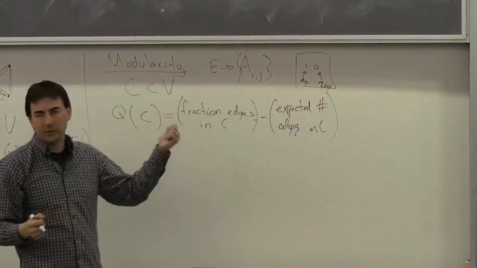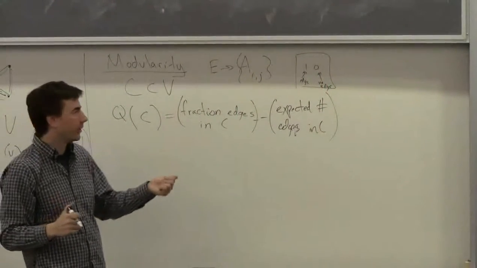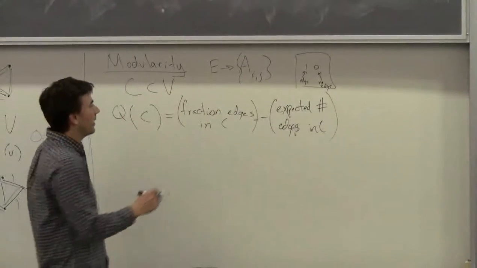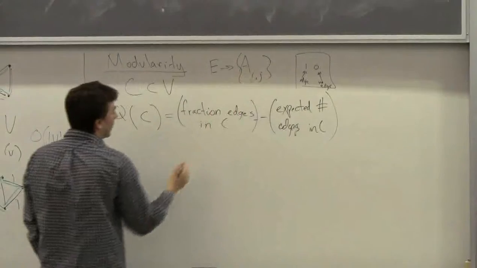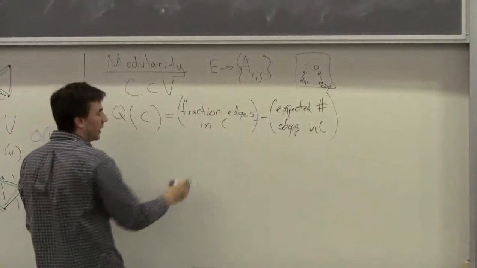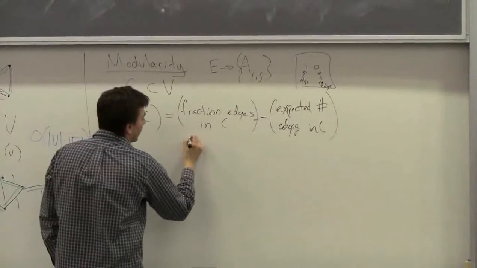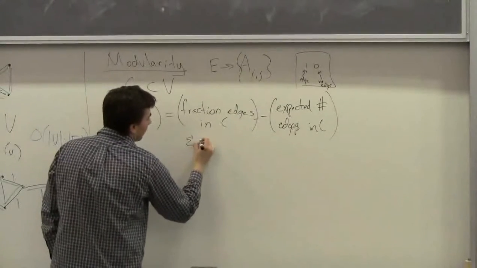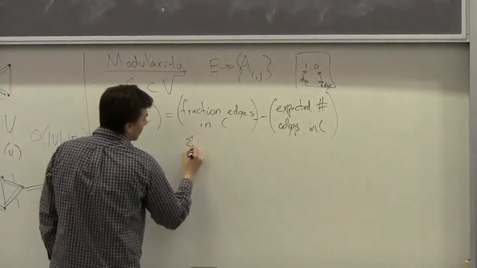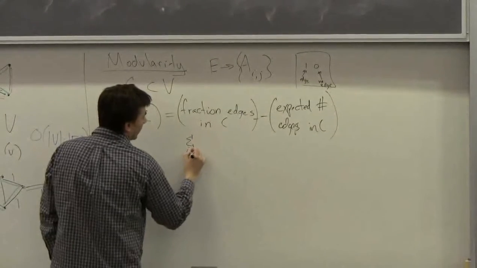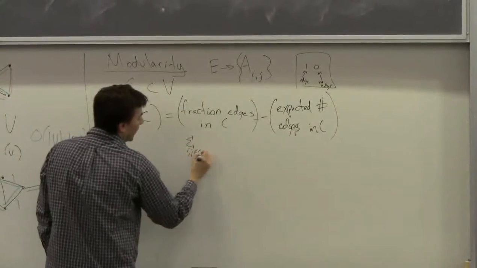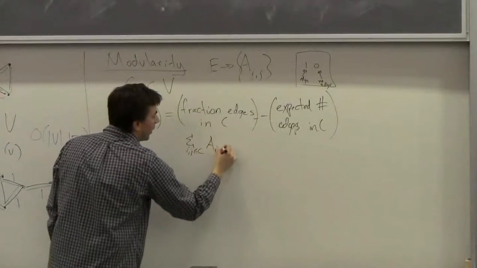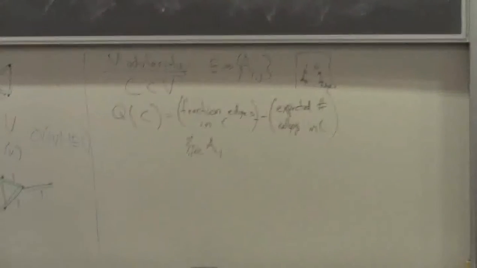And in this case, you could probably replace this with some continuous value. Okay, so we're going to have this adjacency matrix, and the fraction of edges in C is going to be the sum over i and j, which is in the set C, times the value of this adjacency matrix.